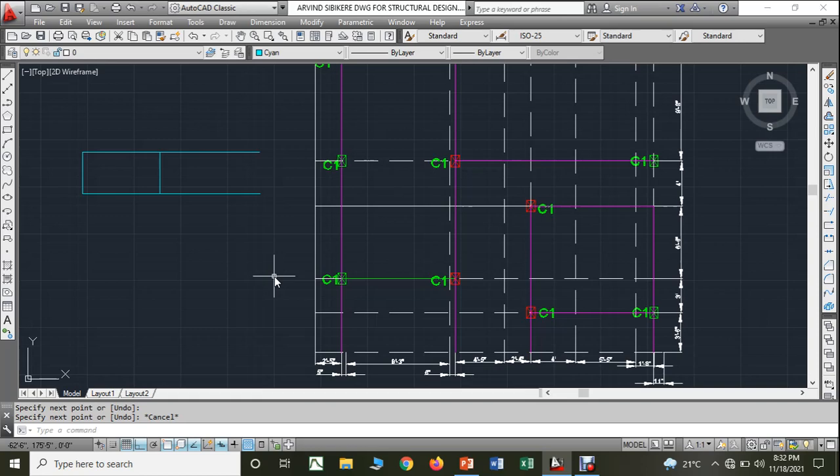So, in order to avoid eccentricity, if I am using a square column and maintain a 9-inch wall, then definitely it leads to some eccentricity like this.